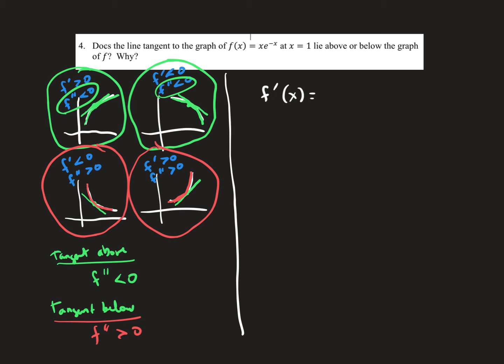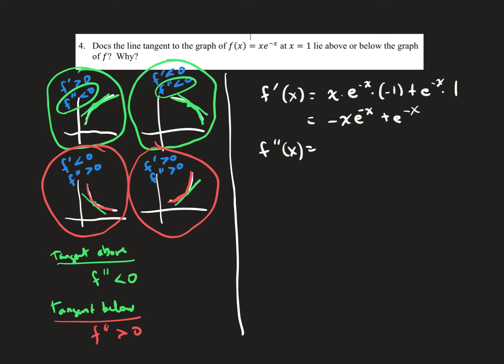So we find the first derivative first. It will be the product rule: first times the derivative of the second, which would require the chain rule, plus second times the derivative of the first. And I'm going to simplify that. And then I'm going to find the second derivative.